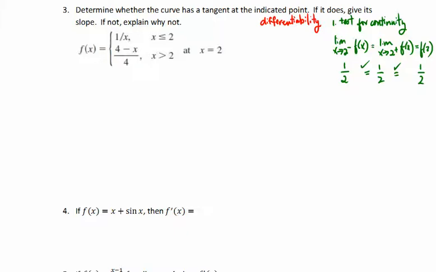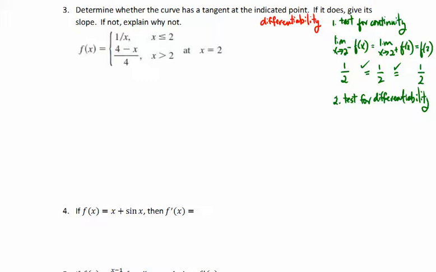The second thing we have to do is test for differentiability. With continuity, we test the limit of the function from the left and from the right. With differentiability, we're going to test the limit of the derivative of the function as we approach from the left and the derivative of the function as we approach from the right.